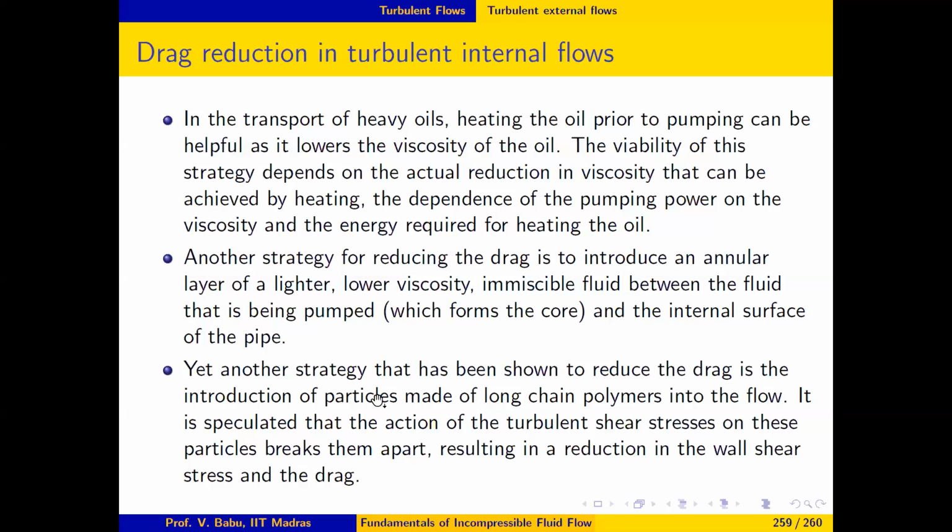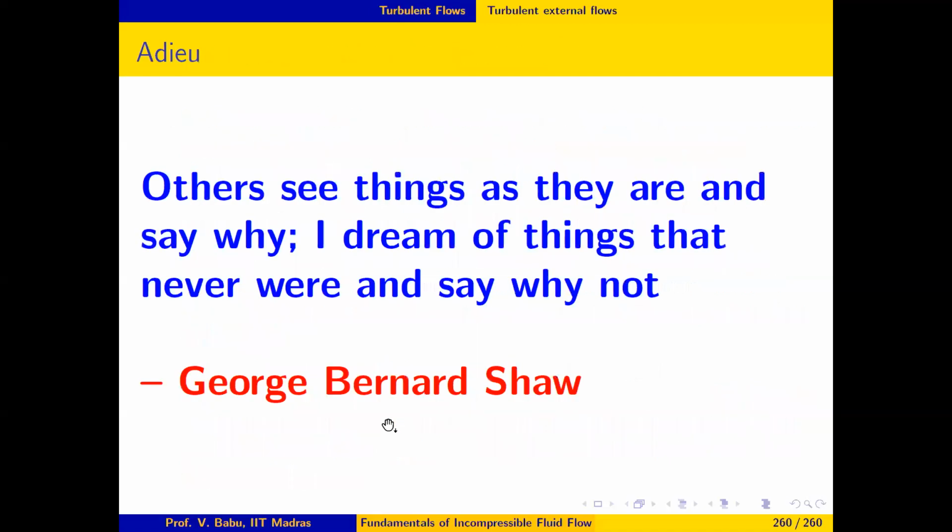The resulting drag on the fish itself reduces, causing a reduction in external drag. So, in a similar manner, we can introduce particles made of long chain polymers into the flow, and the turbulent shear stress acting on these particles breaks them apart, resulting in a reduction in the wall shear stress and the overall drag. So these are techniques that can be used to reduce drag both in internal and external flows.